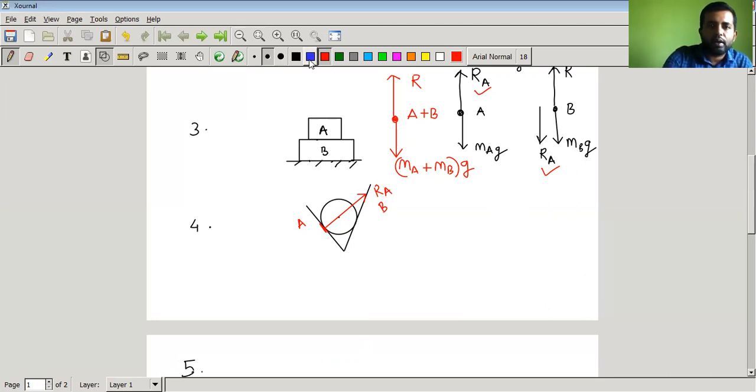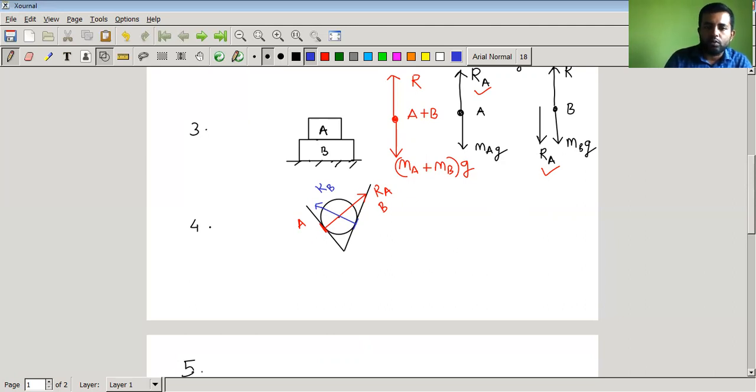Now, same way you can see it is in contact with B surface here. So what is going to happen? This B will exert a force in this direction, perpendicular to the contact surface, and let us write it RB. So this contact force is always perpendicular to the surface.